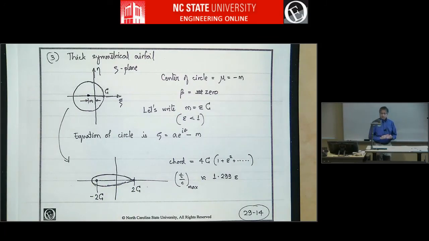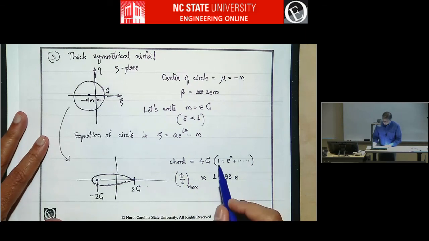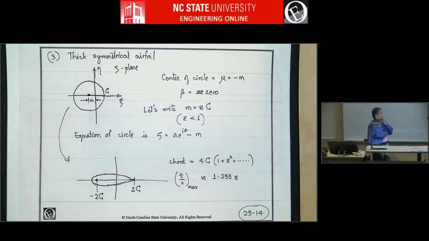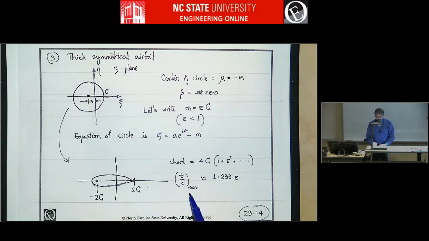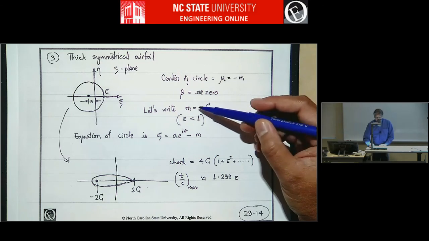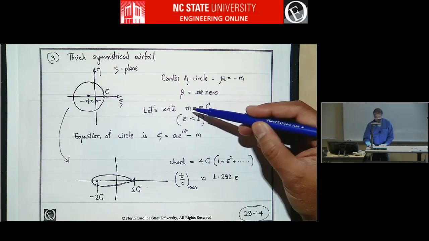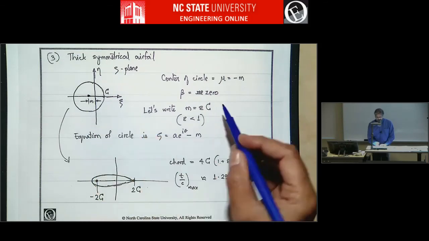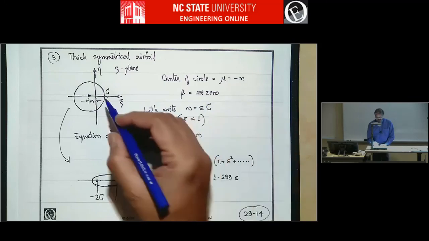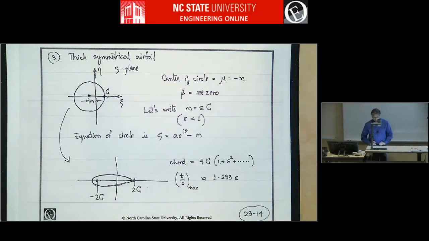It's a symmetric airfoil and it's thick, and the chord is going to be 4 times c times a power series. So approximately this is going to be very close to 1. So this chord will be close to 4 times c. And thickness to chord ratio will be 1.299 epsilon, and that epsilon is this: the m that we use, it's a ratio between m and the transformation and this point c.